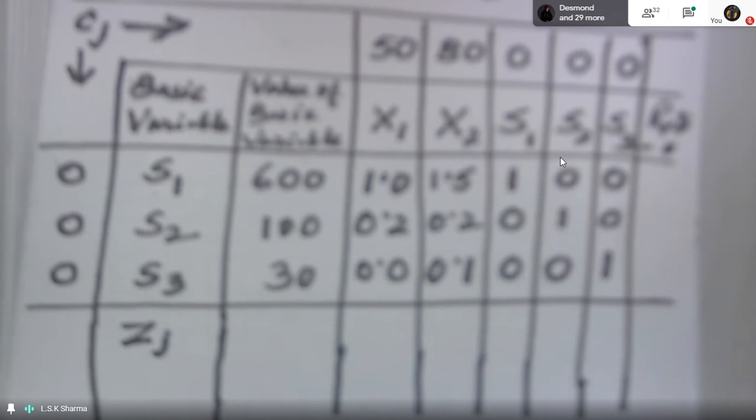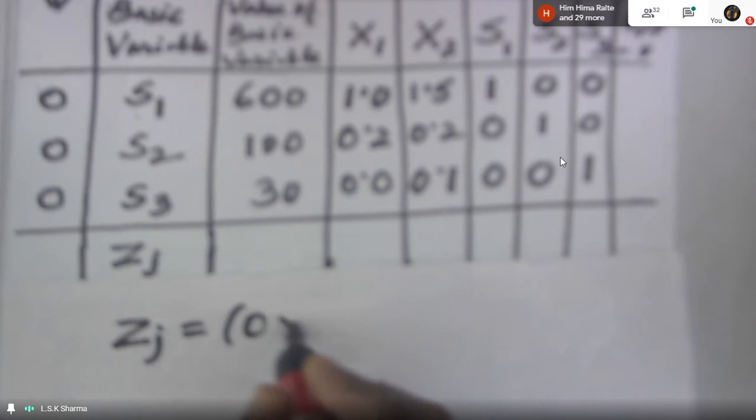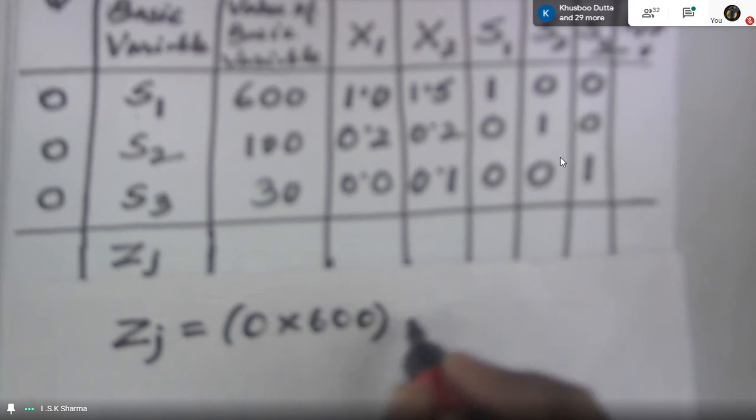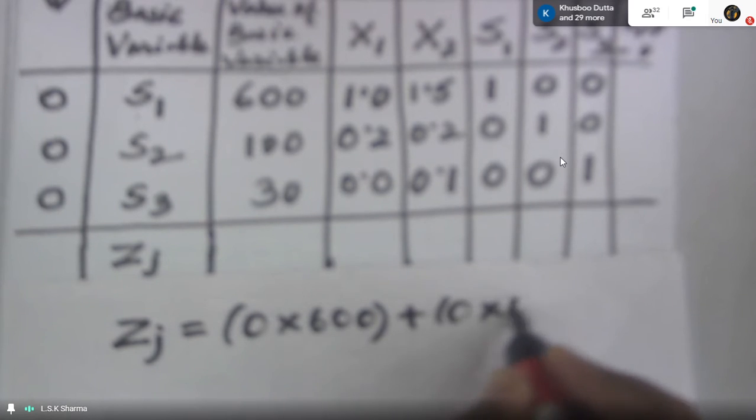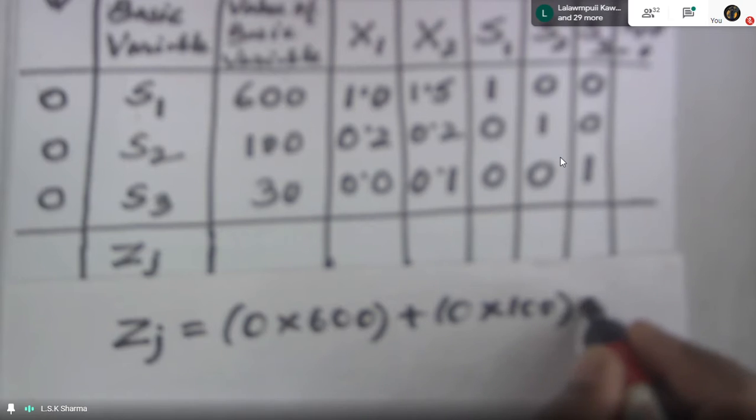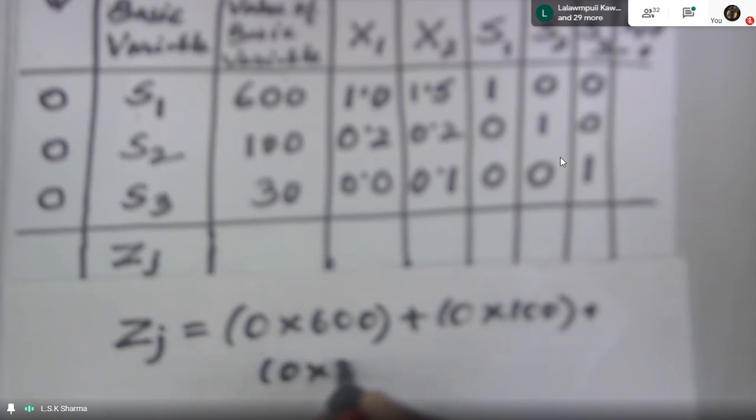So I'll just show you the rough work out here. Can you see here? ZJ is nothing but 0 into 600 plus 0 into 100 plus 0 into 30.